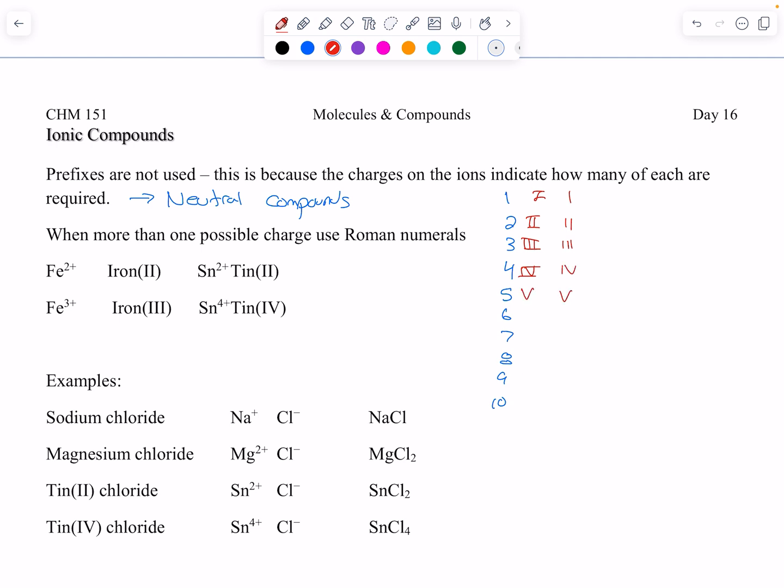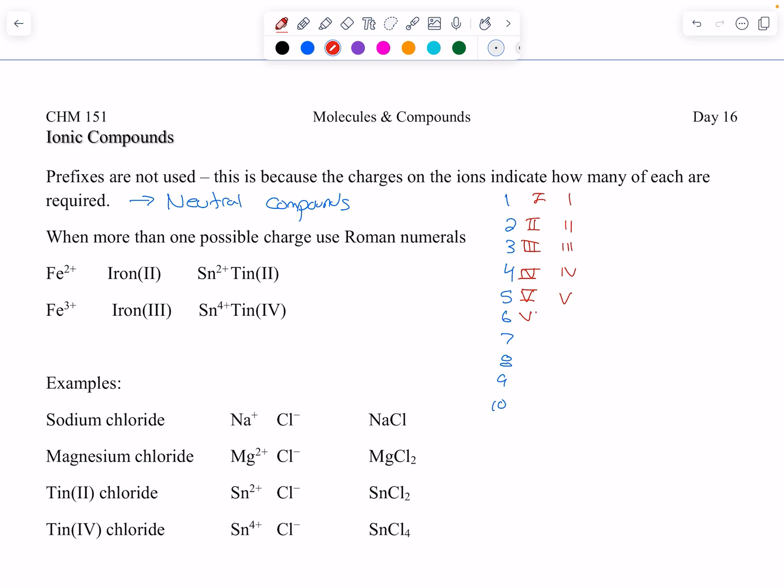I'm sure you've seen some of these before. Either way you do it, I'm happy. Most of the time we'll use the right column, less writing. And the Roman numeral is the charge.